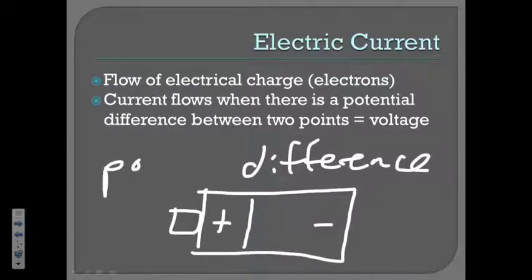So we have a potential difference. You see how that works out? So that's why we call voltage potential difference, because there's potential for the electrons to move, and the battery gives those electrons that potential.